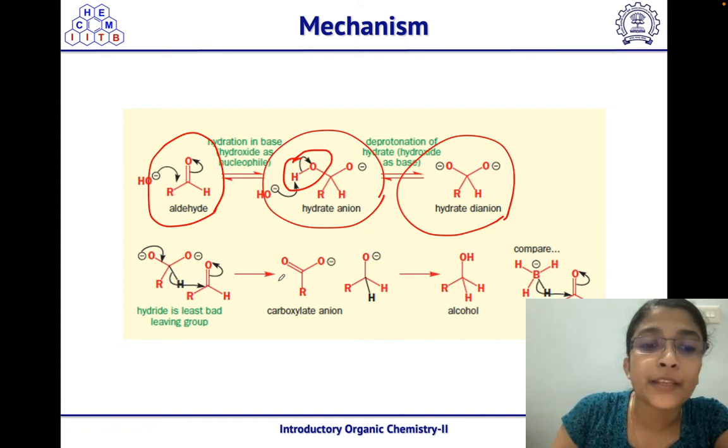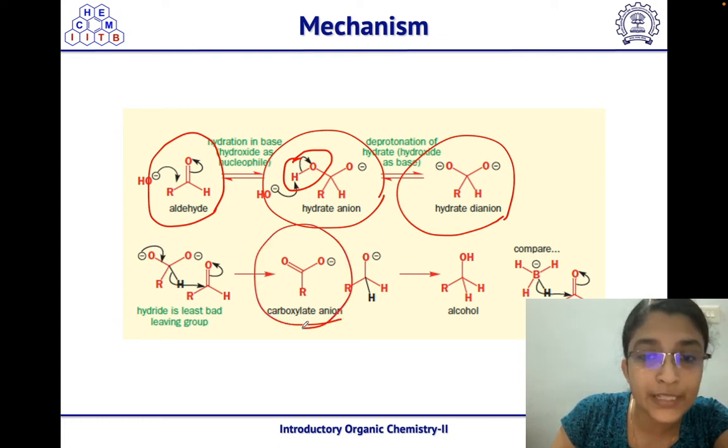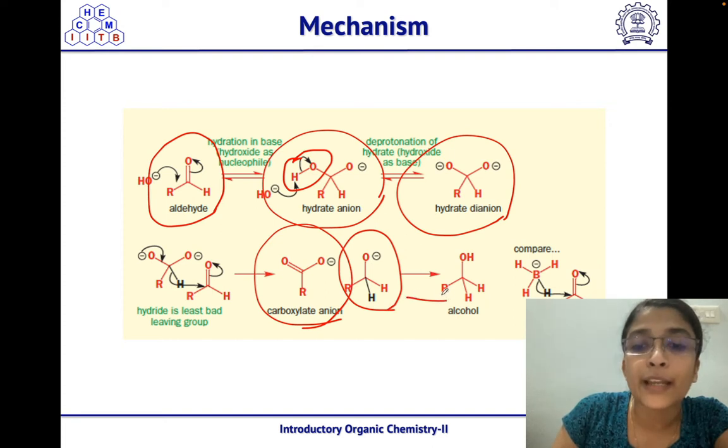So what is happening here is the hydride is going, and we are getting R double bond O minus, that is a carboxylate anion is forming. Then the hydride is adding and we are getting this molecule which will convert into an alcohol. So in turn we are getting a carboxylic acid and an alcohol.